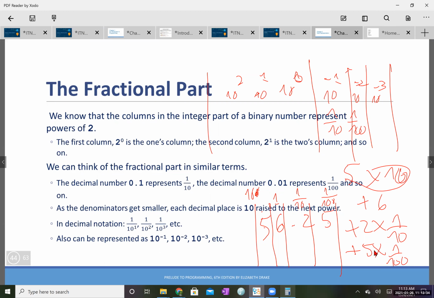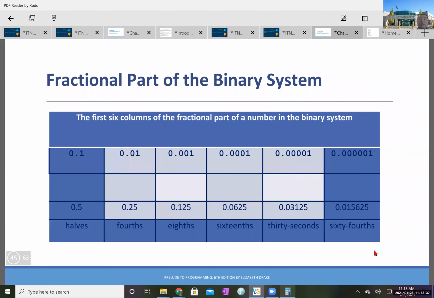Okay, the way of working with binary is the same when working with the fractional part. You have 2 raised to 0 here and 2 raised to 1 here. For this one you have 1, and you have 2. But when working with the fractional part, you have 2 raised to minus 1, 2 raised to minus 2, 2 raised to minus 3, 2 raised to minus 4, 2 raised to minus 5, and 2 raised to minus 6.